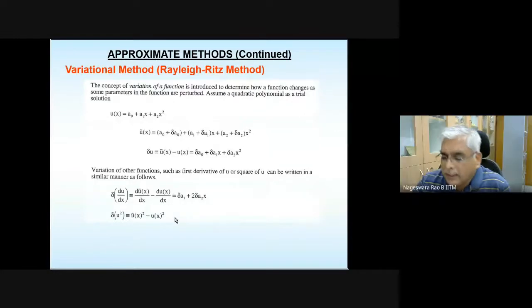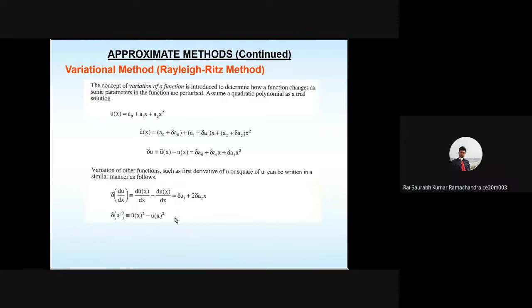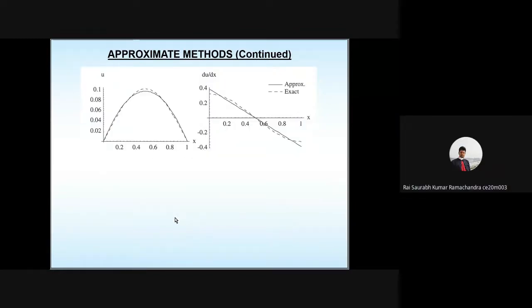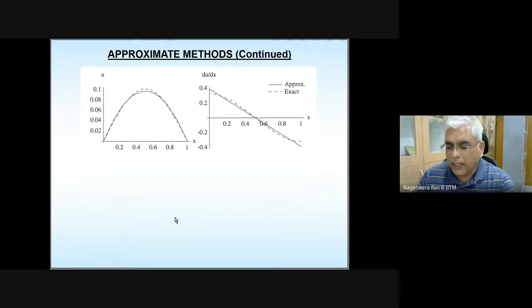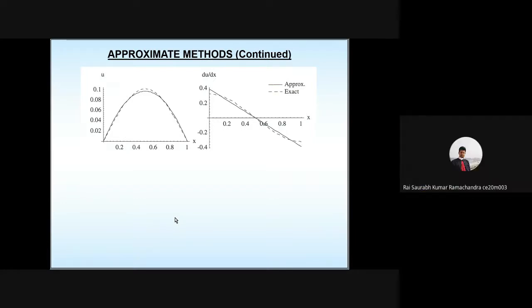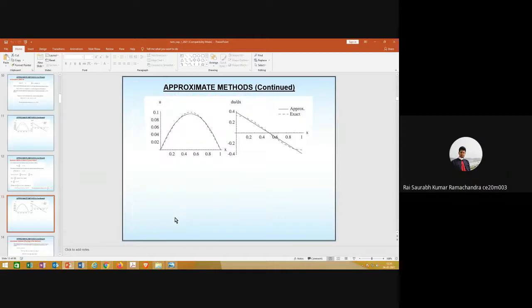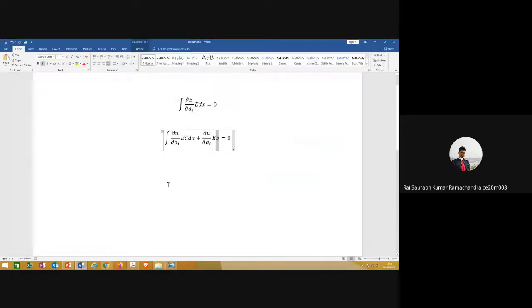Sir, we'll see in tomorrow's class variational method. Tell me. So why is boundary error added when natural boundary conditions are given? No, because I want to sum up all the error. I want to include all the error that is coming in the problem. Mathematically, how can we prove that? What is the mathematical proof for that?